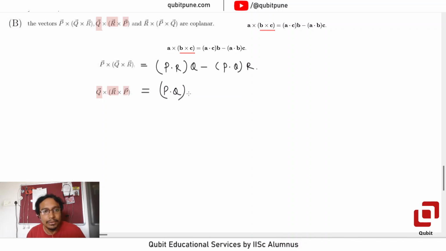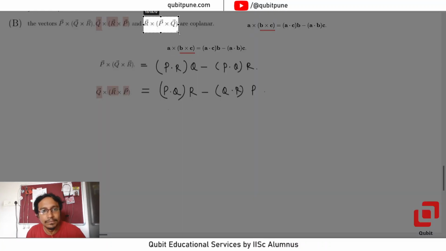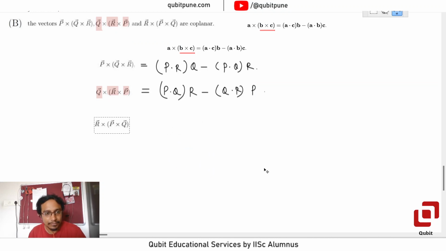P dot Q R minus Q dot R P. And what can be said about the third one? P dot Q, R dot Q P minus P dot R Q.